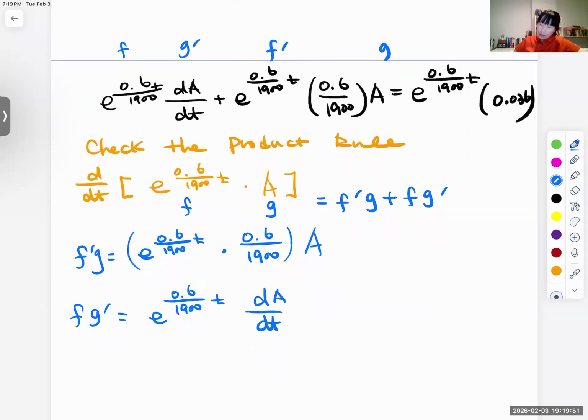Okay, so we have that, then everything together, left-hand side, right-hand side, right?